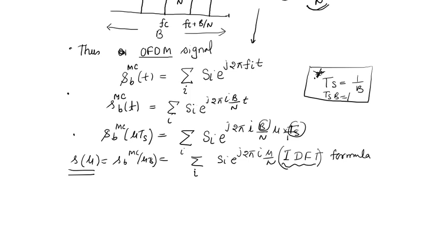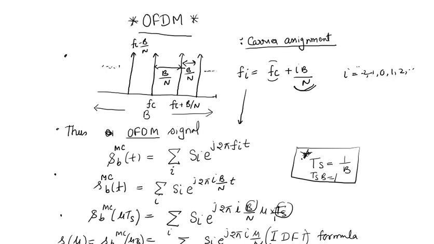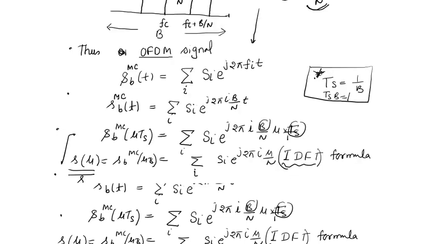So if you write it nicely, you just take all the samples. How many samples? You sample at each T_s, and the duration of the multi-carrier signal is 0 to N T_s, if you remember. So how many samples will we get? N samples. So just collect all those samples.